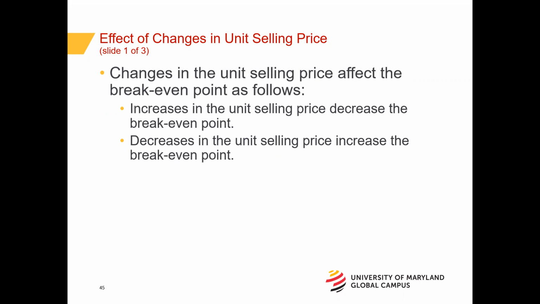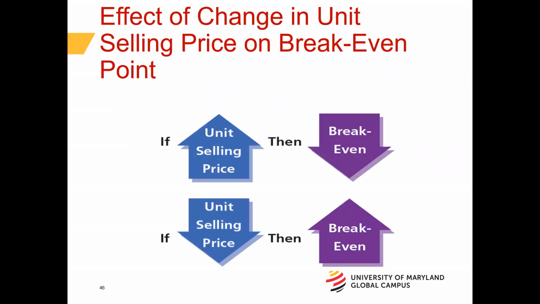Now, here's where it gets important. This is an inverse relationship. In other words, it's opposite. If my sales price increases, I can decrease my break even point. If my sales price decreases, I must increase my break even point.